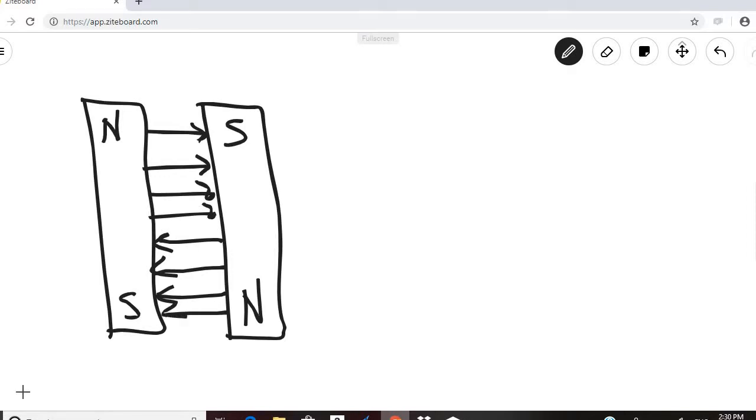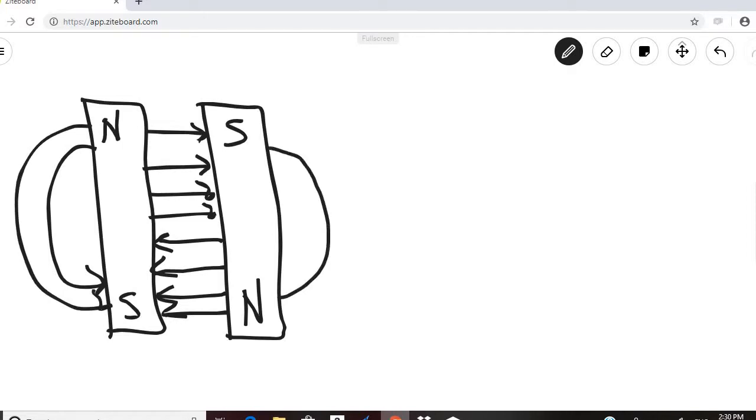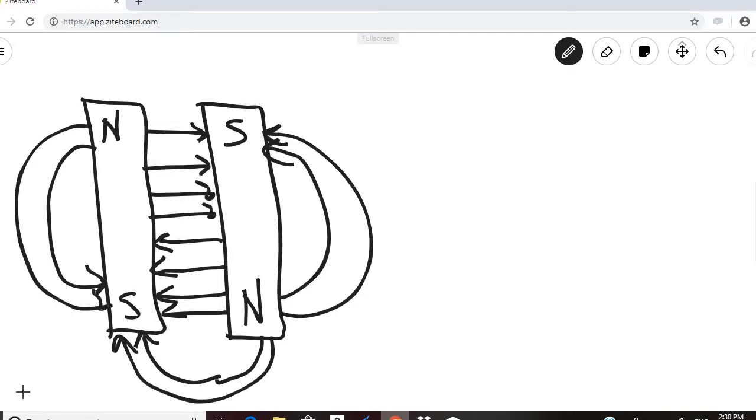And then we can draw these lines. So within a magnet, you would have this, north coming into the south. But then you would also have lines where anything that comes out of the north here is going to go into the south here.